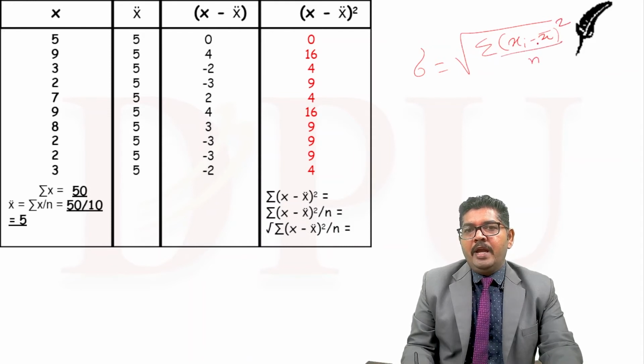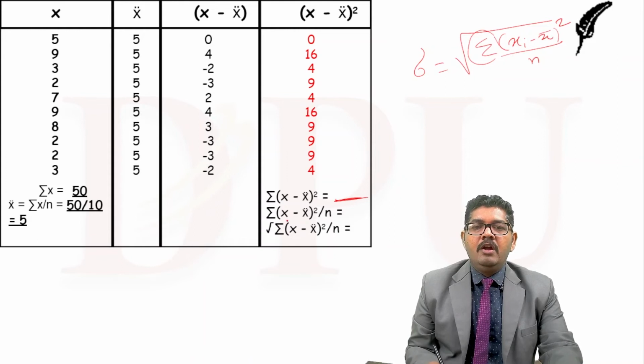So once we calculate all the deviations, we have to find the summation, that is sigma (x minus x bar) square. So addition of all these square deviations will be written here. Then we find the average of square deviation, that is summation of squared deviation divided by n, that will be here. And then we find the root, that is the final value of standard deviation.